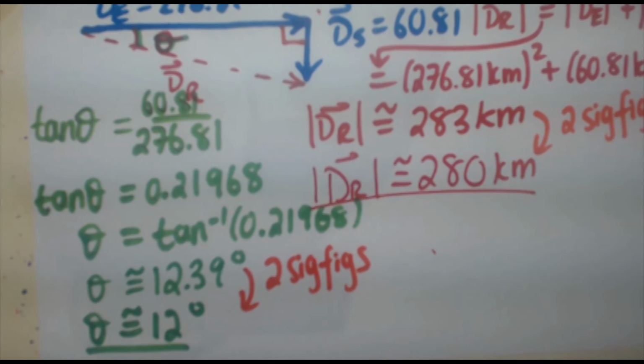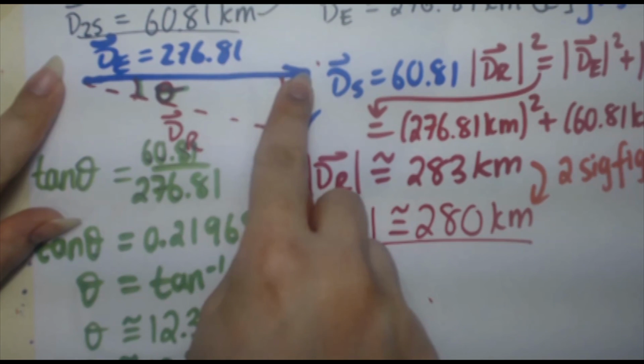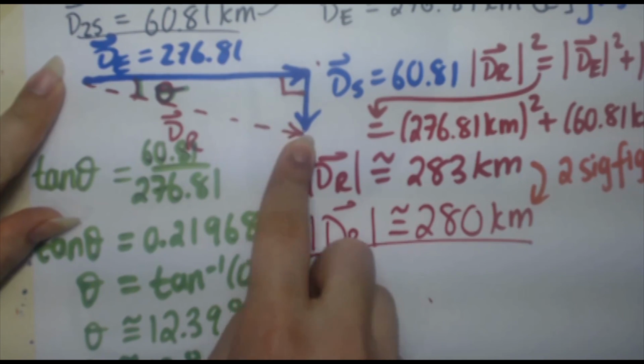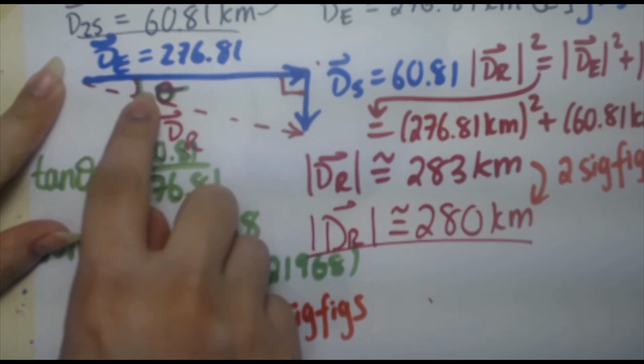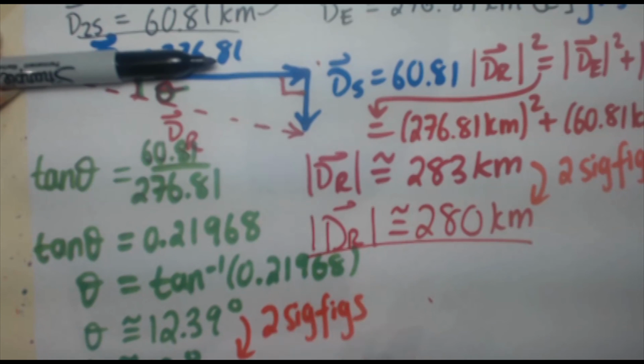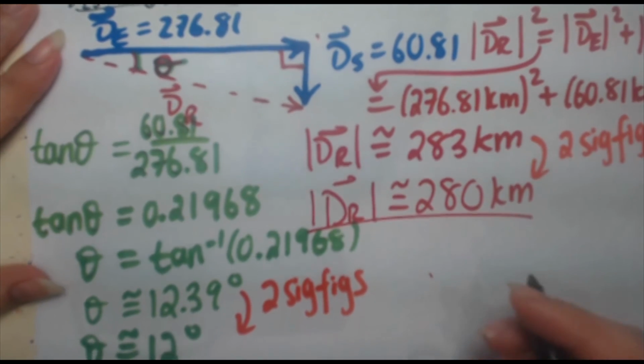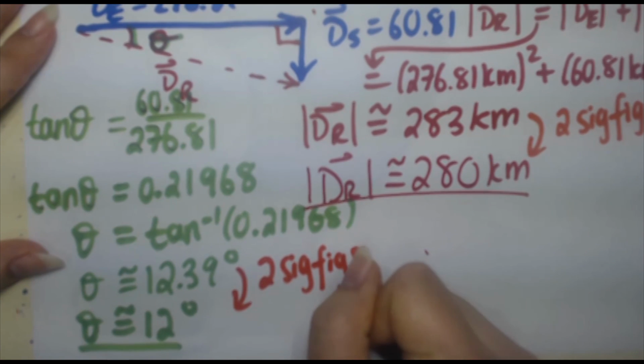Okay, now you have the angle, it's great, but you have to be able to express it accurately, okay? So when you add everything together, look at this picture. So this is going east, this is going south. So if this angle here is 12 degrees, essentially what you've done here is you've started off at east and you're going south by 12 degrees. Therefore, your final answer is going to be expressed as this.